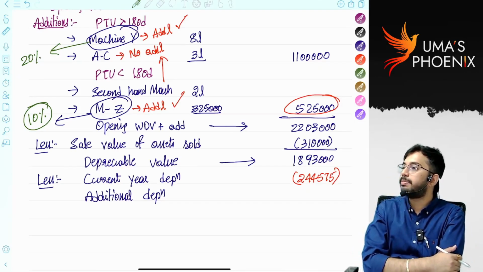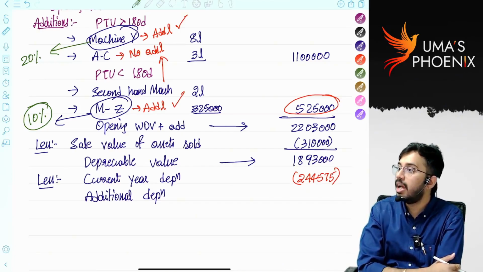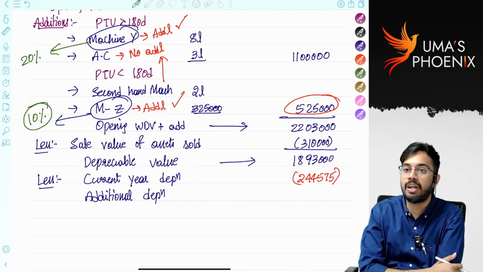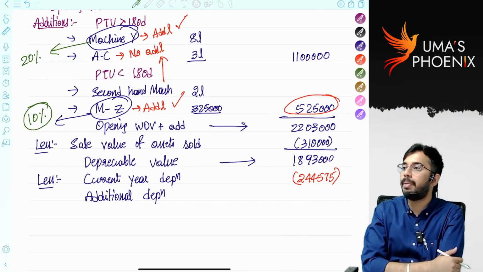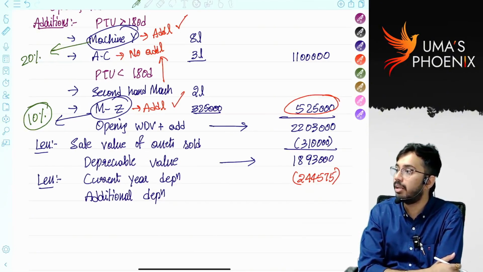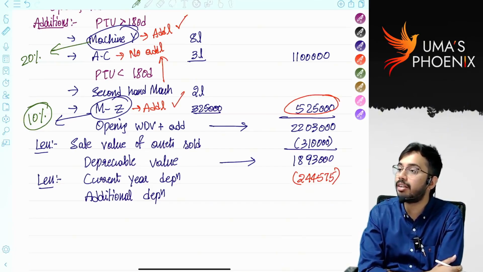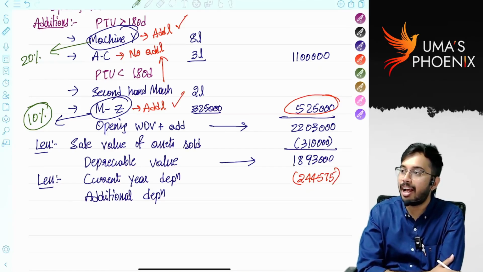Additional depreciation is to be calculated on written down value, correct? Correct. Additional depreciation is to be calculated on actual cost.